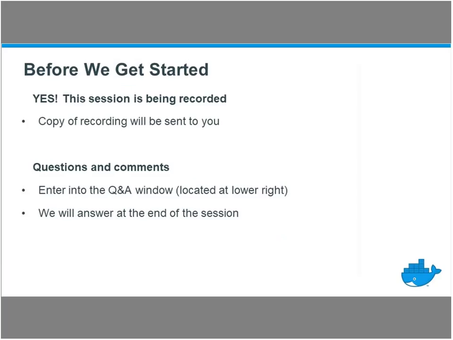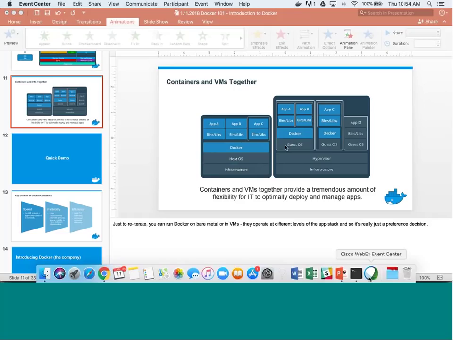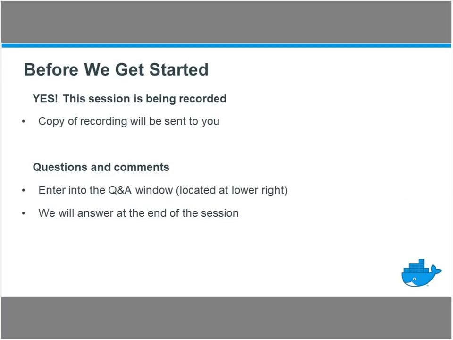So that was actually inside a virtual machine. So that's what we were saying. You can run Docker directly on bare metal running on the host operating system, or you can have this Docker running inside of a virtual machine on top of the guest OS. So that's what this diagram was showing. So the question, I think I addressed there.